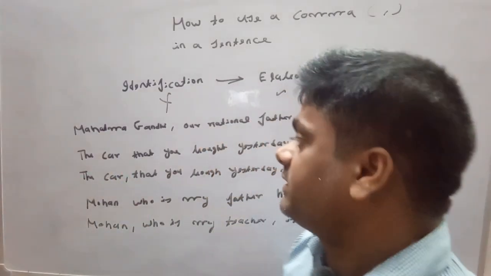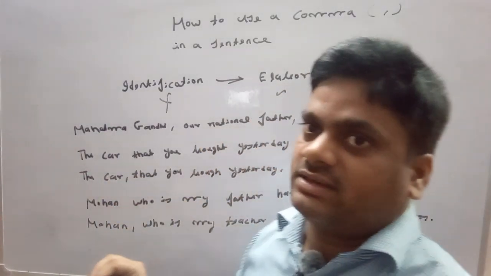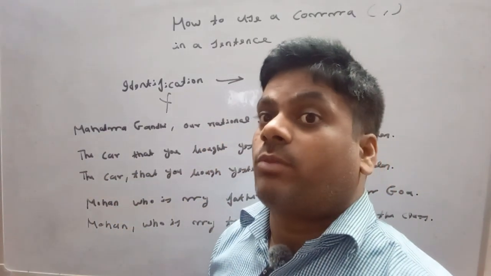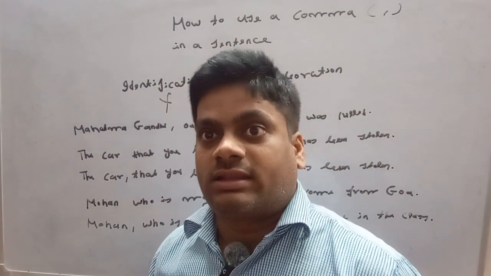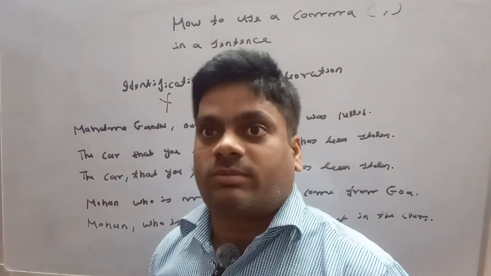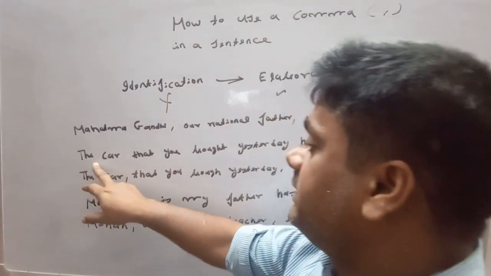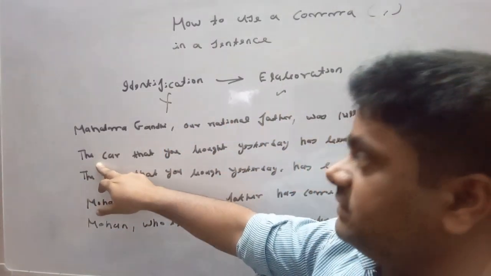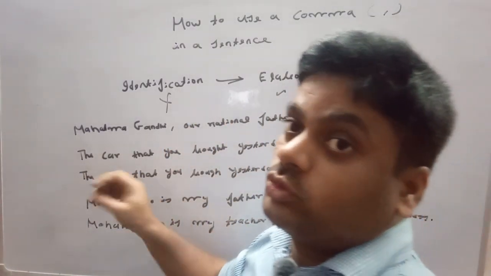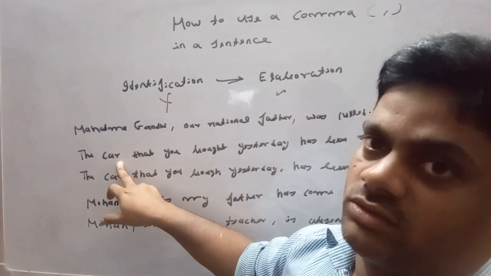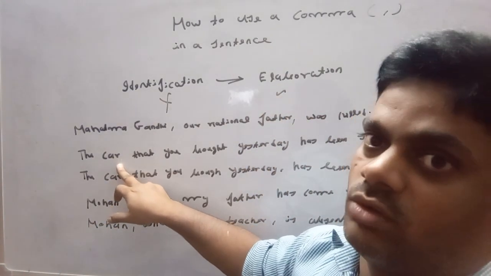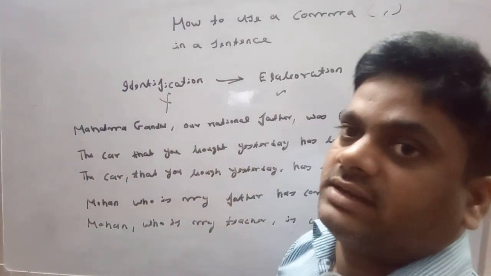In case of identification, it means we are going to identify the car that we bought yesterday. Yesterday we bought a new car, and the new car has been stolen from the parking lot. So in the second sentence we are going to identify the noun, and in case of identification, there is no need for a comma. We cannot use a comma to identify a noun.